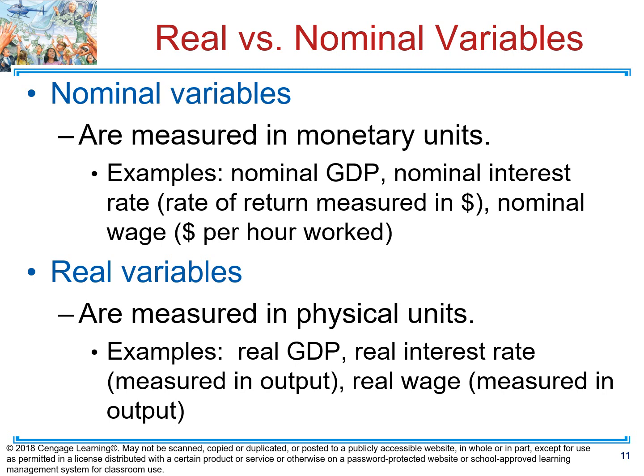Real variables are obtained by eliminating the price effect on nominal variables. So, conceptually, real GDP, real interest rate, and real wages are real variables.